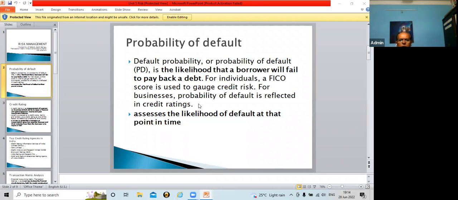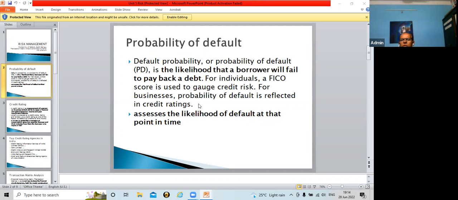So we need to assess chances of default. Then how many times a person or business becomes a defaulter in making EMI. So that thing can be assessed.